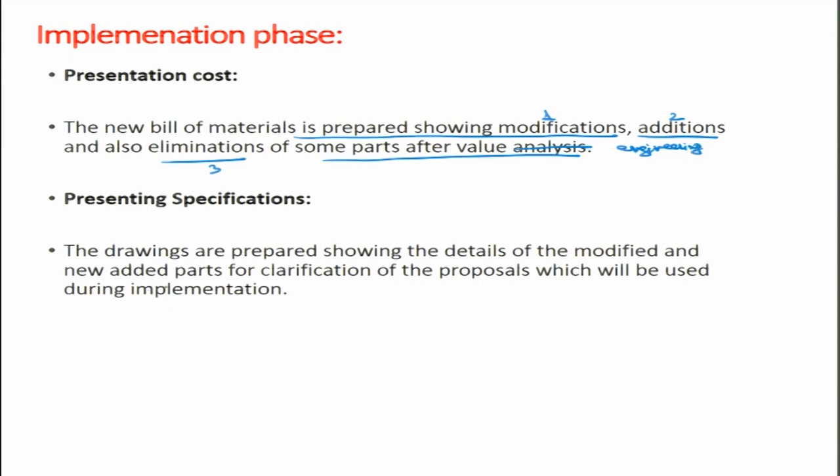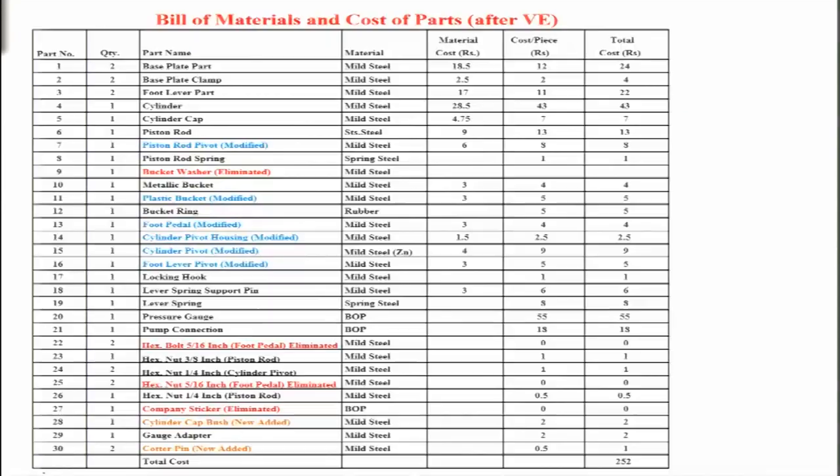Presenting specifications, the drawings are prepared showing the details of the modified and new added parts for clarification of the proposals which will be used during implementation. These are presented before the management or the people who are going to invest for the new setup of the new components. This is the proposed bill of materials and cost of parts.